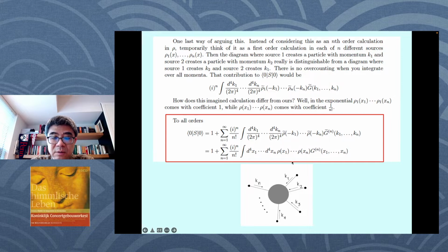Therefore, I can express this persistence amplitude as a series containing rho to a certain order and the corresponding Green function. And these Green functions are the sum of all the Feynman diagrams. That's the first meaning: the sum of all the Feynman diagrams will give you the Green function.